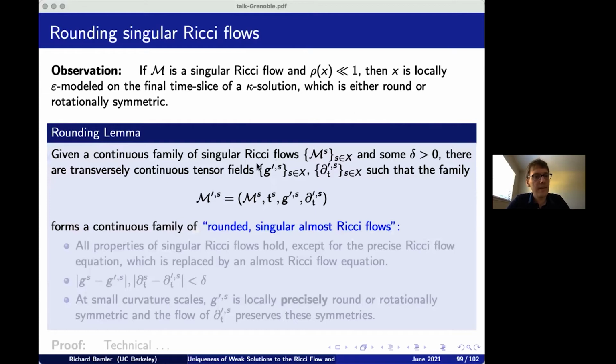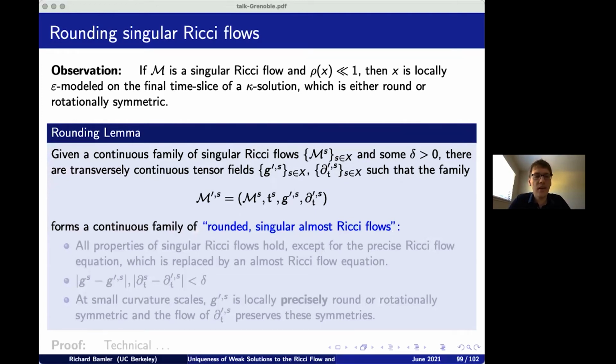So it says that given a continuous family of singular Ricci flows, okay, so we expect that we've already constructed this, and some delta, there are transversely continuous tensor fields, g'_s and ∂_t'_s, replacing g_s and ∂_t_s, such that these flows form a continuous family of, you could call them, rounded singular almost Ricci flows.